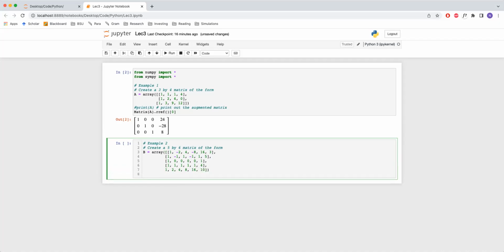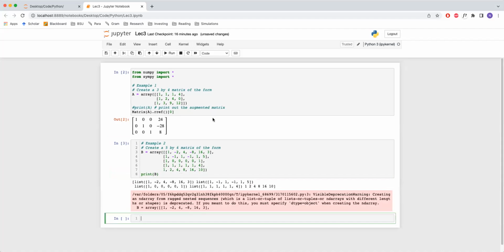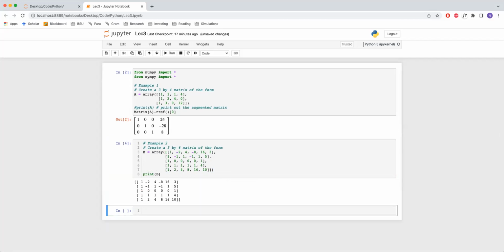Right, so let's print out this matrix, make sure it's working. So I'm missing something here. I forgot to close this bracket. Okay, so there's no open bracket, and I need to close it, so it should work now. So this is the matrix that we have.